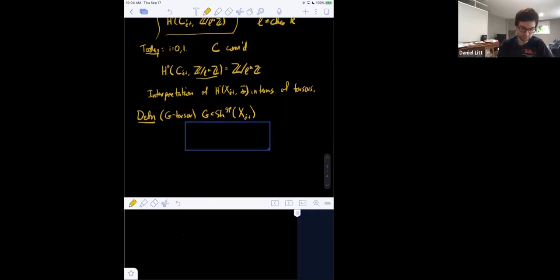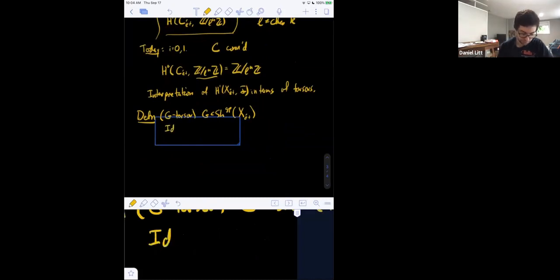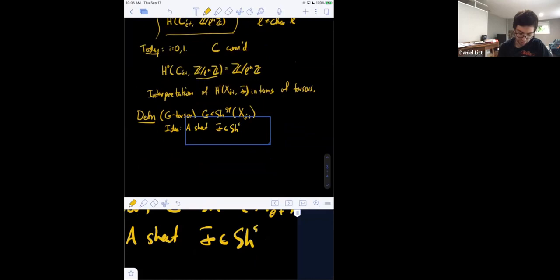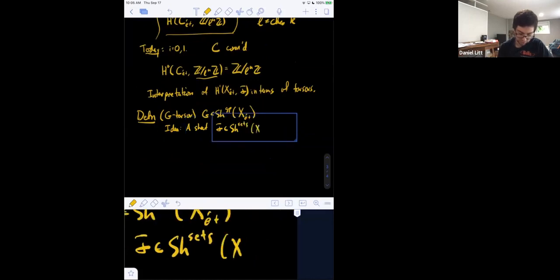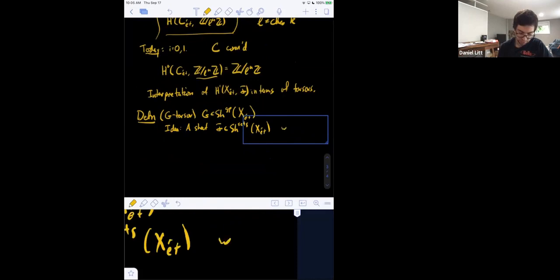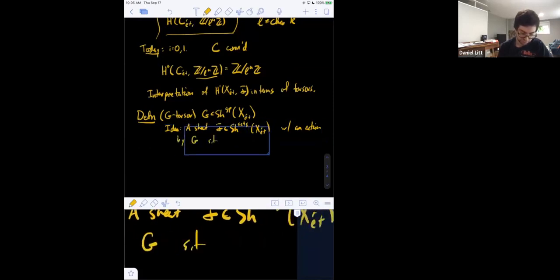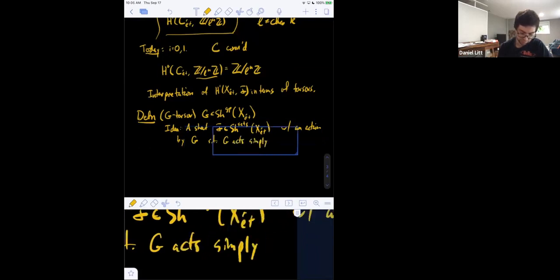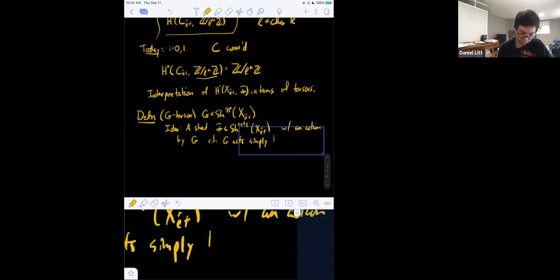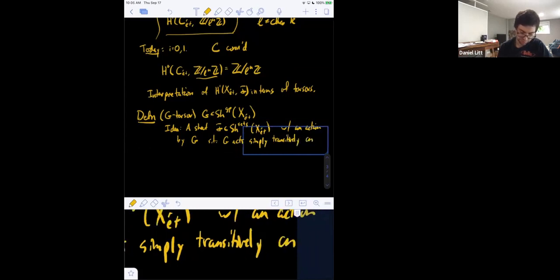So the idea here will be a sheaf F of sets on X étale with an action by G such that G acts simply transitively on every fiber.